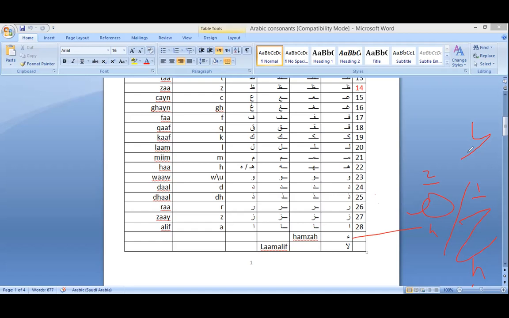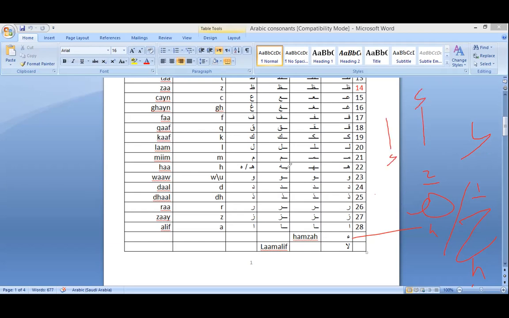So this sign here, it is a normal H without the dot. This is a sign in Arabic. This sign is called Hamza. Many a times, the sign is associated with some letters. Sometimes it can just stand alone. Sometimes it is together with this one.